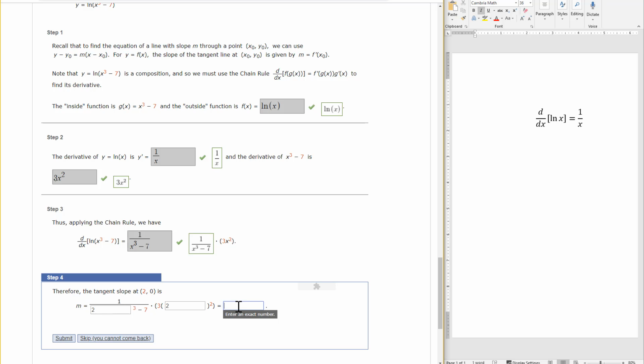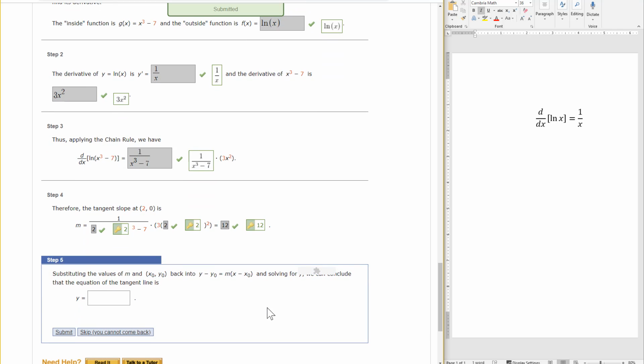So the first term is going to be 1, times the second term, 3 times 2 squared. 2 squared is 4, and 4 times 3 is 12. So 1 times 12 is 12, and that's the value that we want.